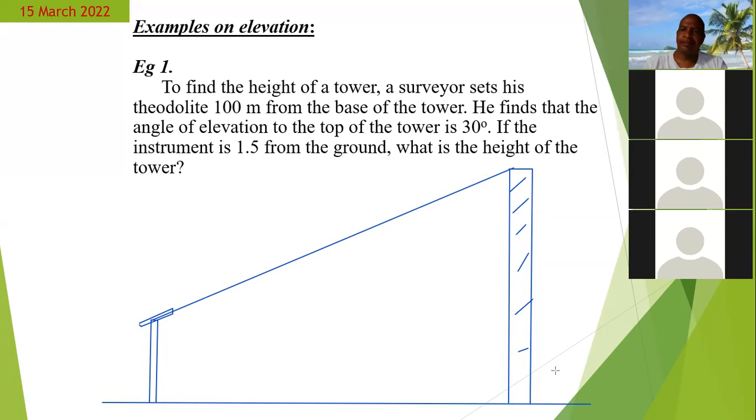What else? You can draw your horizontal lines and construct your triangle. Where should I draw the horizontal line?